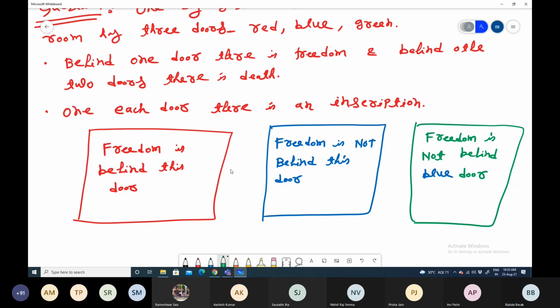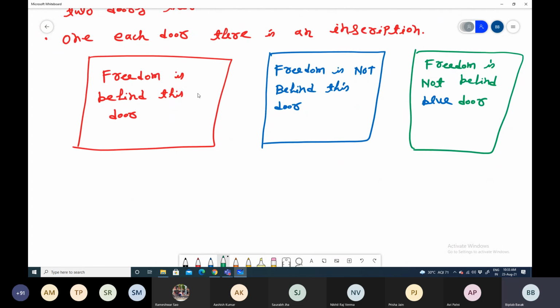Okay. So this is given. So we know that out of these 3 doors, only one door has freedom and other 2 doors do not have freedom. Okay. And there is something written on each door.